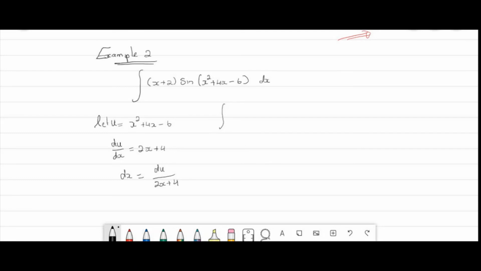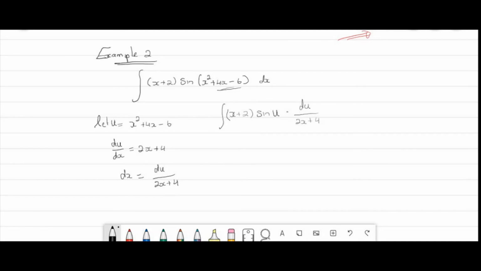So let's say here I put my x plus 2 sine. So now instead of putting this back, I'll put what? u. So I'll have sine u. Where I have the dx, I'll put du over 2x plus 4.